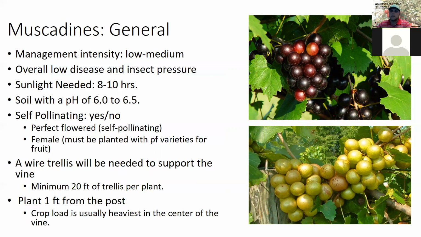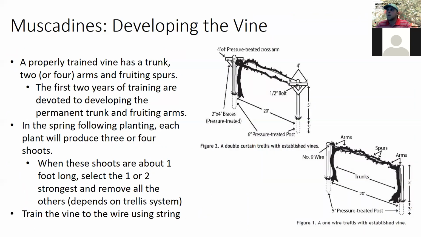The crop load is typically heaviest in the center of the vine, right near where the top of the vine is going to be. Like I talked about earlier, this is a basic trellis system, your single wire system, with the trunks next to the posts.